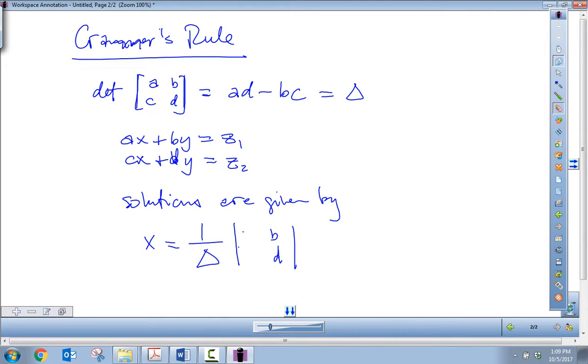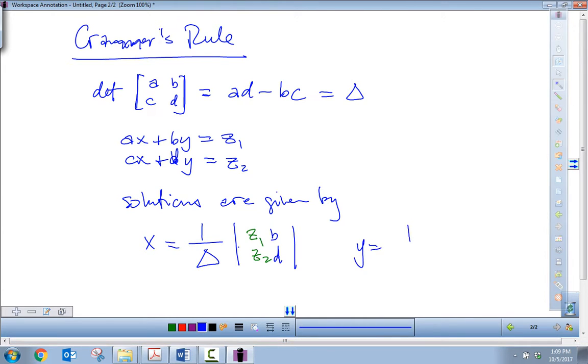Cramer's Rule says that to find the solutions for x1, or x and y, you find the determinant and divide by the determinant, and then the values in the first column where x is will be replaced by your right-hand side z1 and z2. And then your y is essentially the same thing, except the second column will be replaced by z1 and z2.